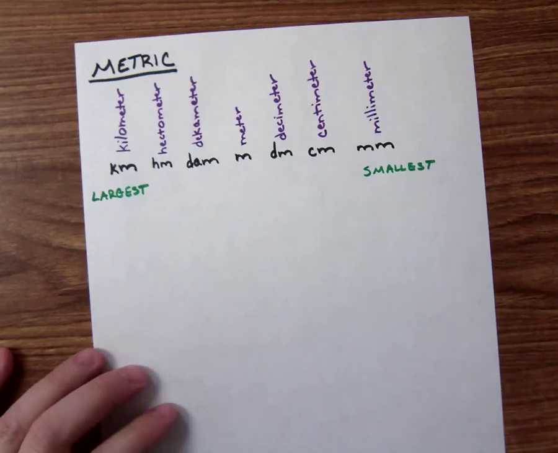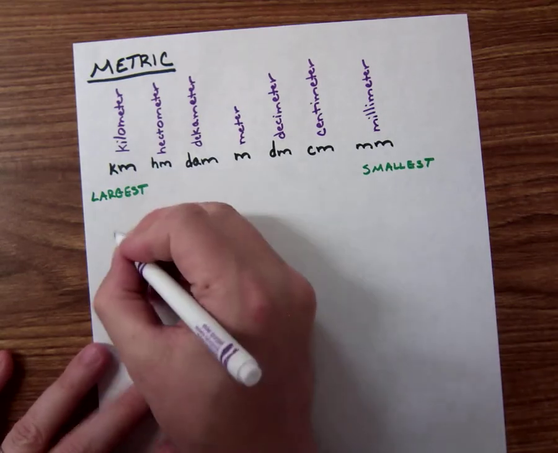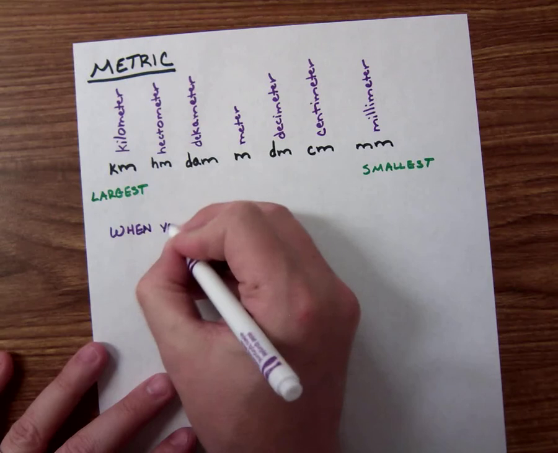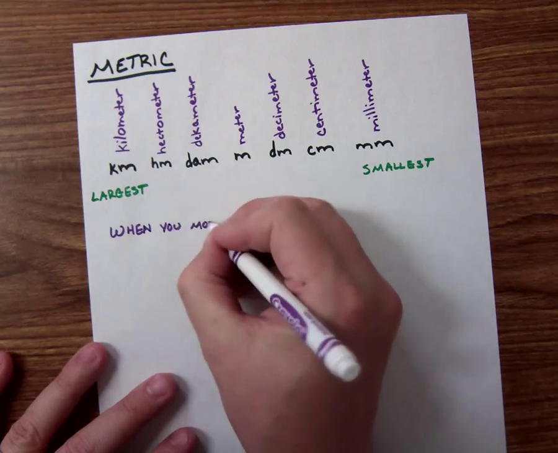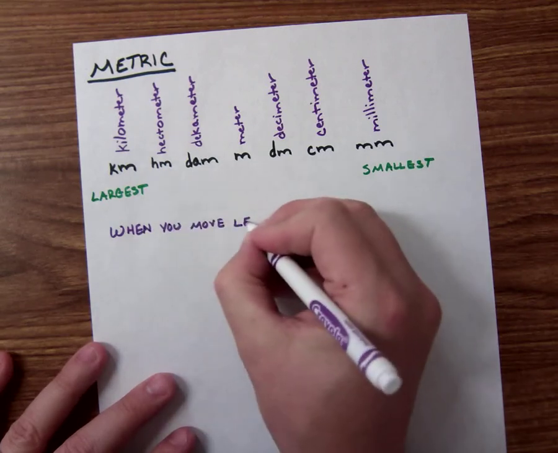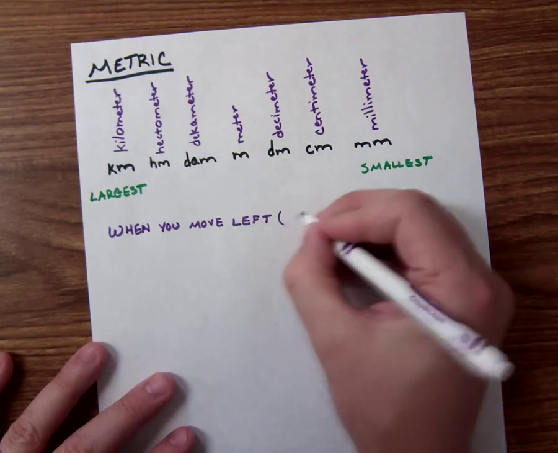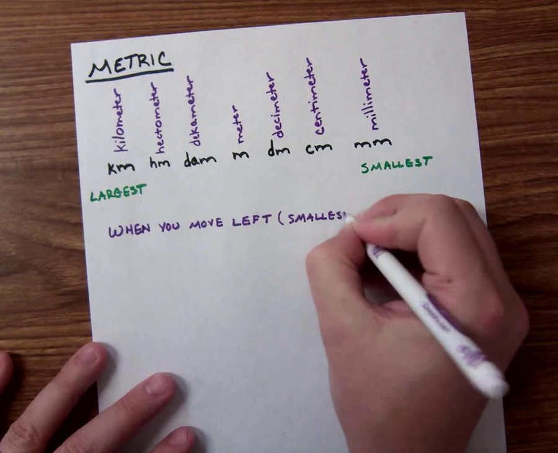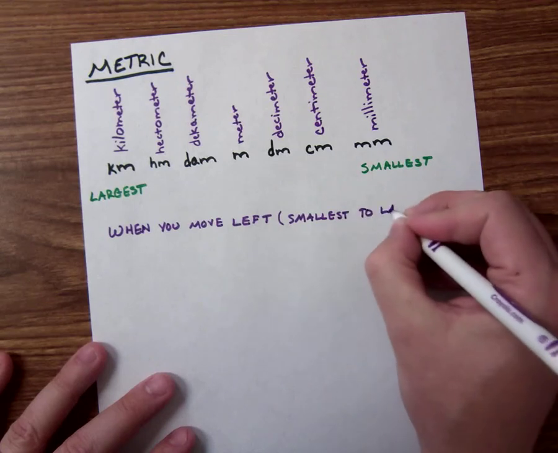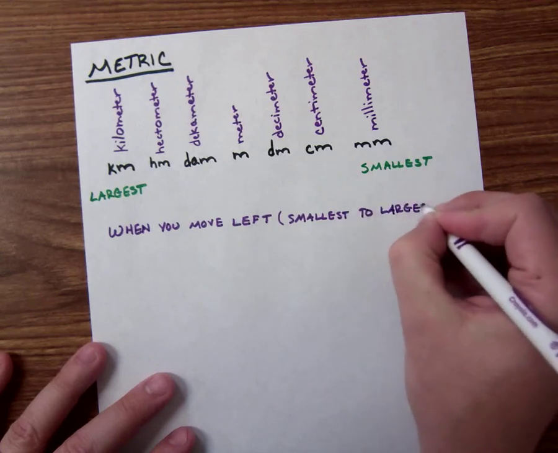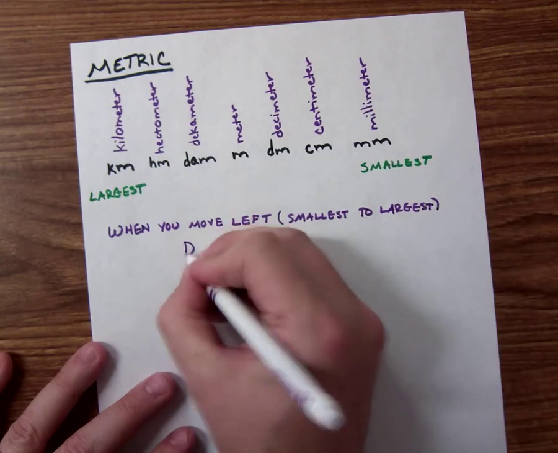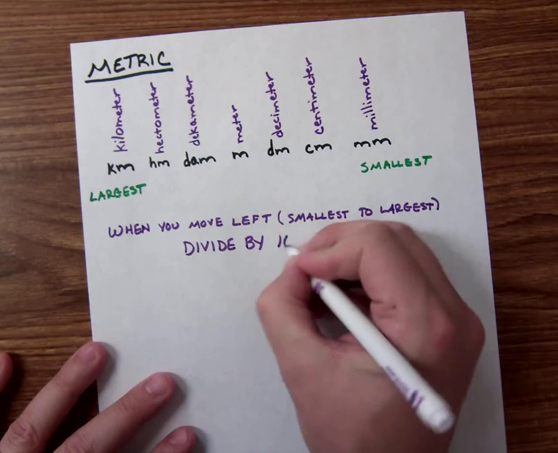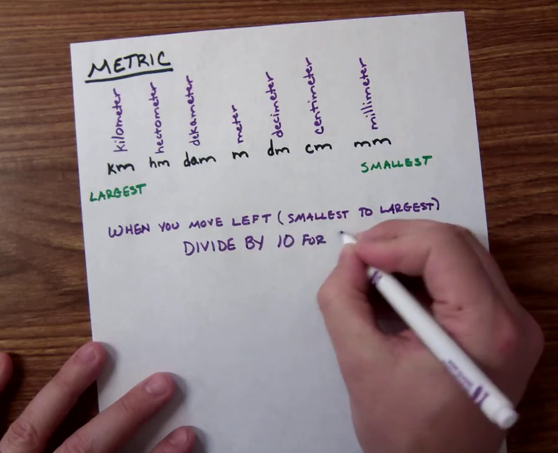So we're going to say, when you move left, meaning smallest to largest, you divide by 10 for each step.